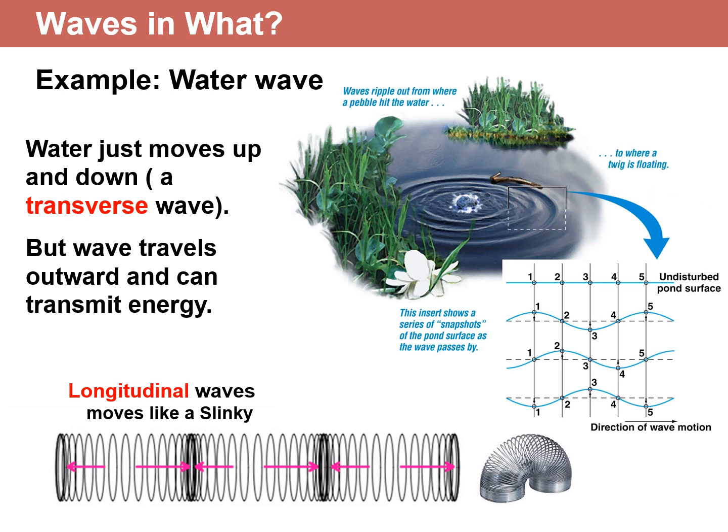So, a transverse wave is a wave that moves up and down, but the wave travels in a perpendicular direction. That's what transverse means. Transverse means perpendicular to. So while the wave vibrates in the up and down direction, the wave travels in the transverse direction.